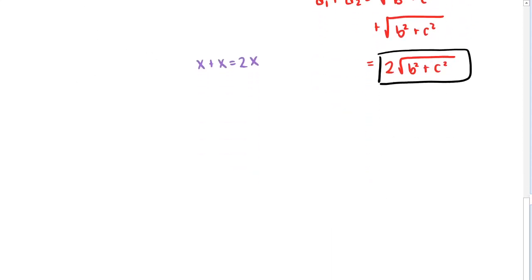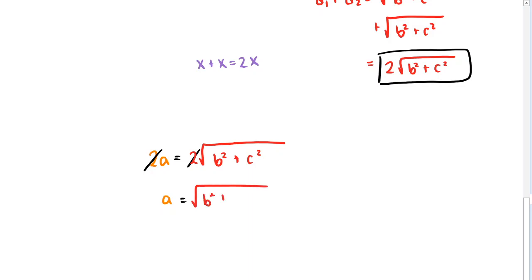And so maybe I'll write that down here. We know that 2 times a needs to be equal to 2 times the square root of b squared plus c squared. And so if we were to divide both sides by 2, we would cancel out that factor of 2. Right, so we still have a is equal to the square root of b squared plus c squared.